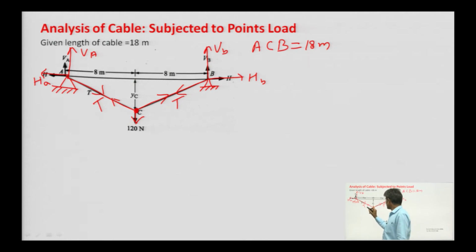If we take this as T 1 and T 2, in this case it is the same, because this load is hanging at the midpoint, that is why the tension is the same. Otherwise, the total unknown forces here will be 1, 2, 3, 4, 5, 6. Okay. Total 6 unknowns there, and the equilibrium equations available to us are only 3.